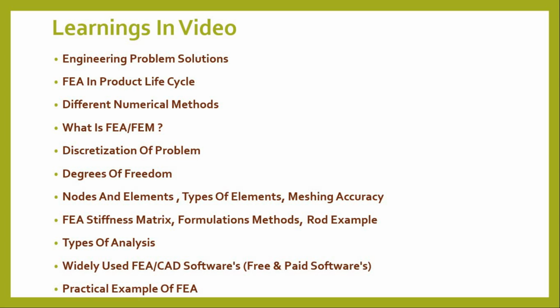Then we will go through the different types of analysis, and then we will discuss widely used FEA CAD software, free and paid versions. Then we will discuss practical examples of finite element analysis. Once you go through all this terminology, you will get an overview of practical finite element analysis.